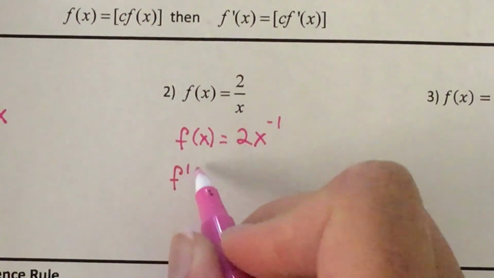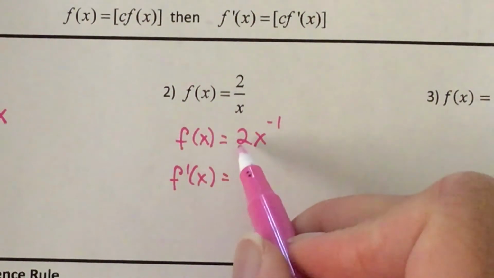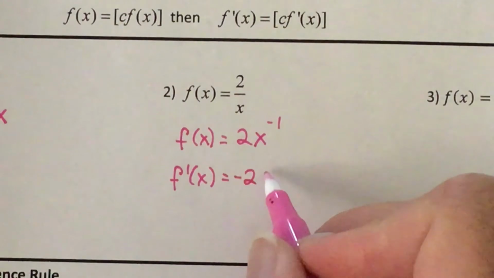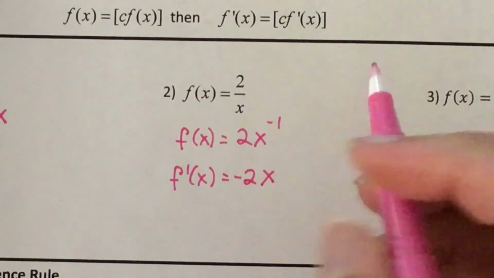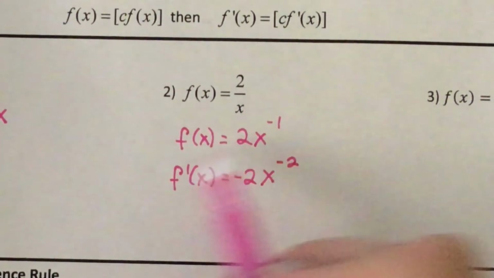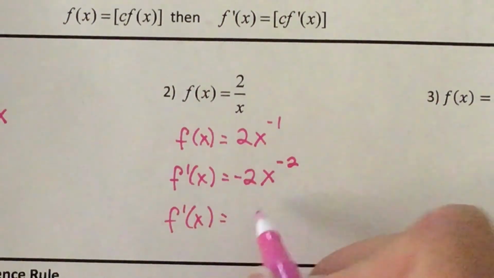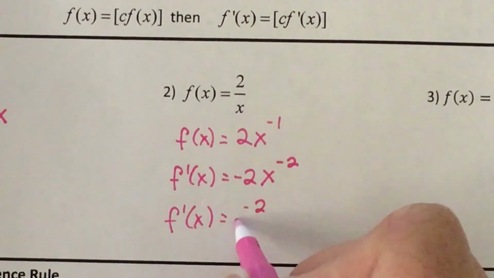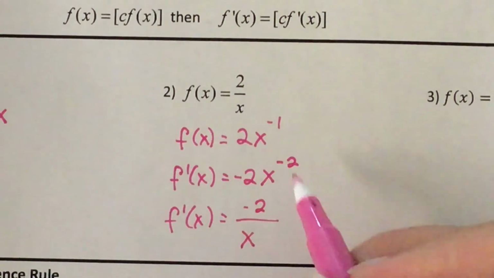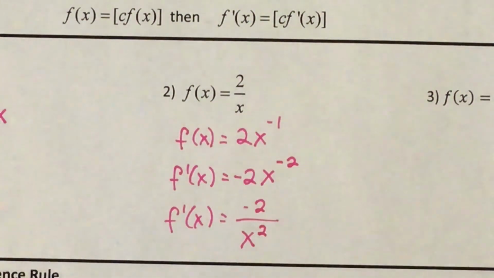So f prime of x, we can take the derivative now, is multiply your exponent times your coefficient, negative 2, x to the negative 1 becomes negative 2, right, as you subtract 1 from it. And then if we are asked to do a rewrite on this, f prime of x equals, keep your coefficient on the top over x to the, and then negative 2 becomes positive 2 as you bring that down.